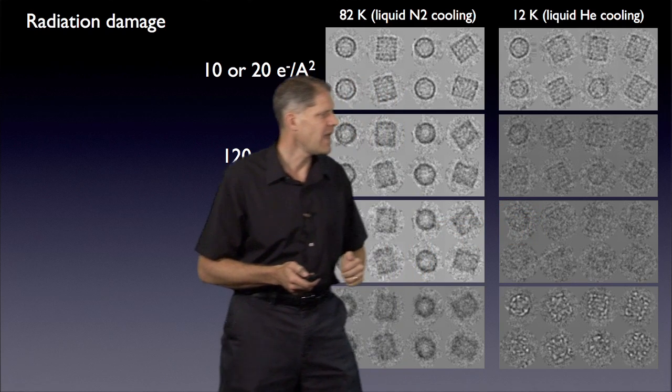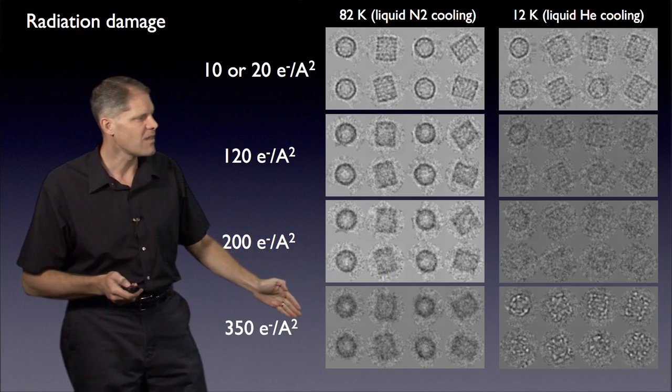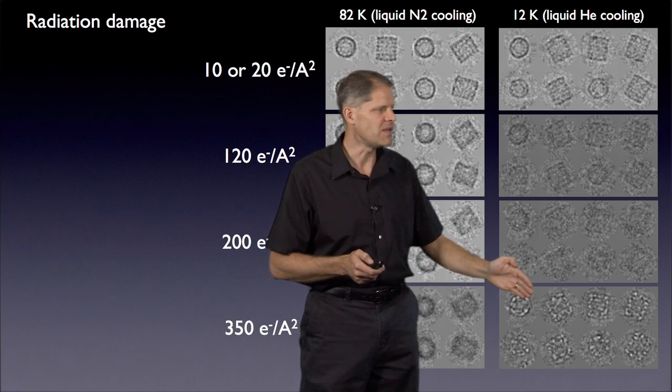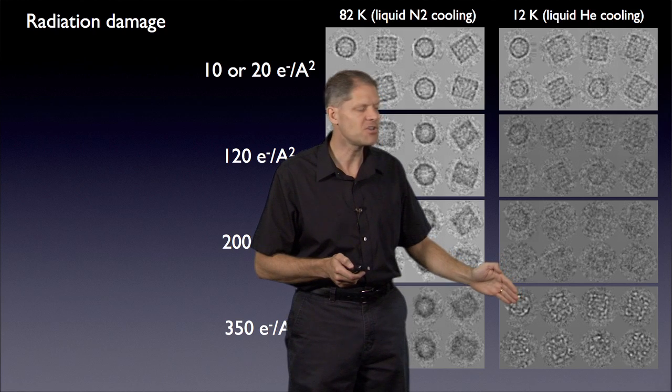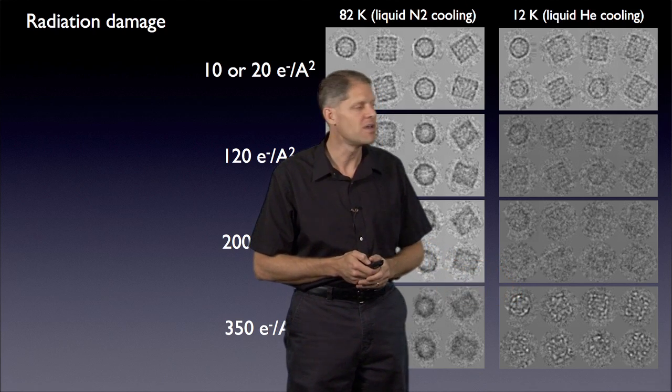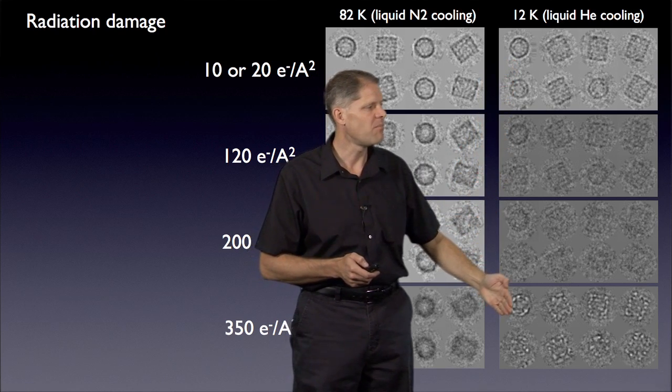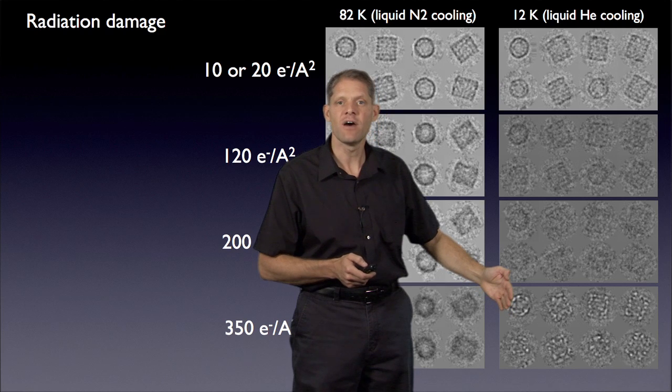And finally, after 350 electrons per square angstrom, there was severe bubbling noticed in the locations of the protein complexes. So the visible contrast in the protein complexes was replaced by the same pattern of bubbles.